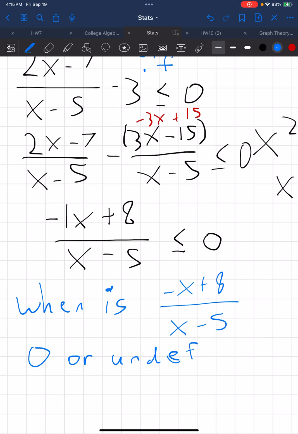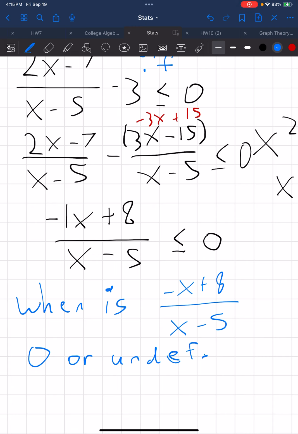Well, it's 0 whenever the top part is 0. So negative x plus 8 equals 0. That tells us that negative x is equal to negative 8. So then x is positive 8. Multiply both sides by negative 1, or divide both sides by negative 1, whatever makes sense.